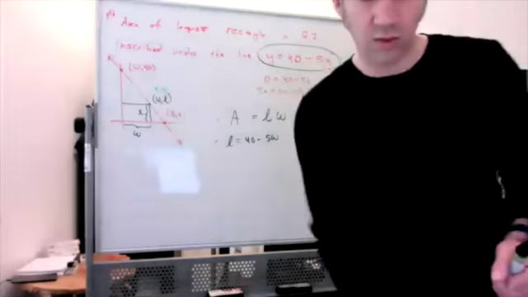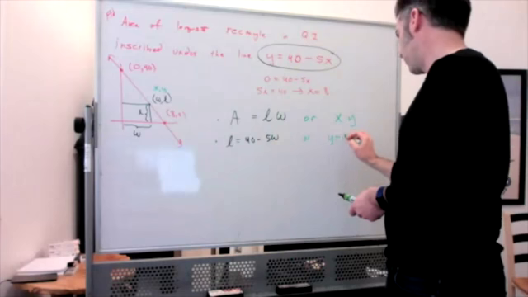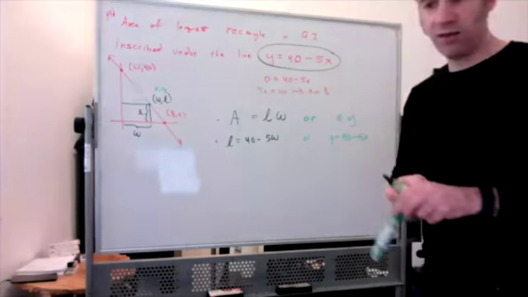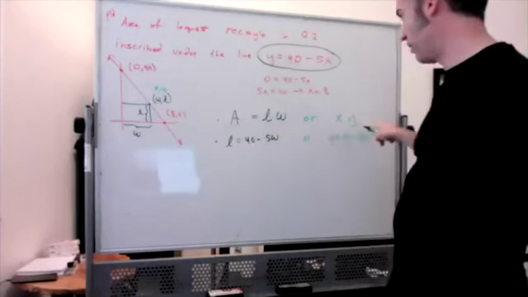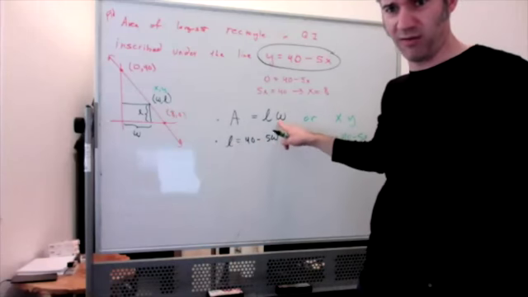Or if you were using the coordinates x and y, it would just be y equal to 40 minus 5x. Either way, we're clearly going to plug in L equal to this or y equal to that, right? It wouldn't make sense to solve this for W and try to plug in for W.